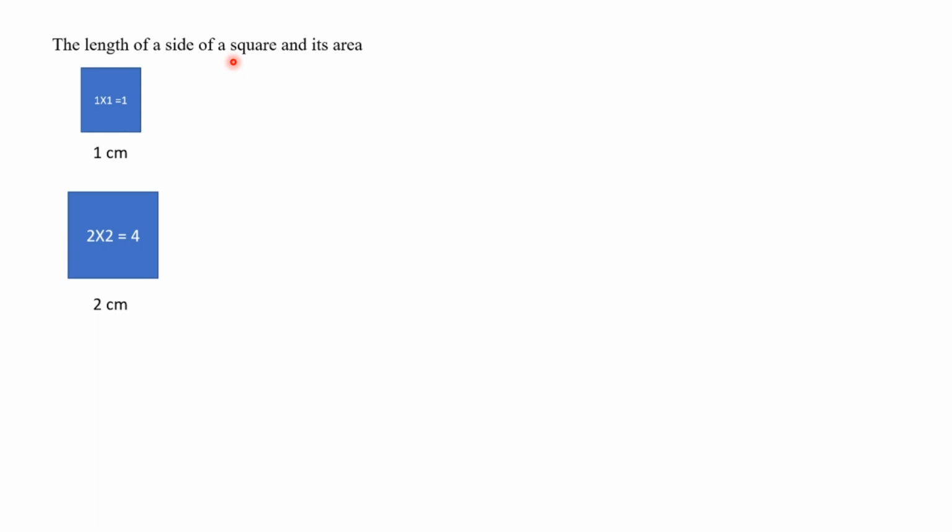Both increase, but you have to check whether it is in the same ratio. So how do you check that? Length of side and area. If I consider 3, 4, 6, like that, my areas come 3 into 3 is 9, 4 into 4 is 16, 6 into 6 is 36, like that. This is the relation between the area and the length of a side.